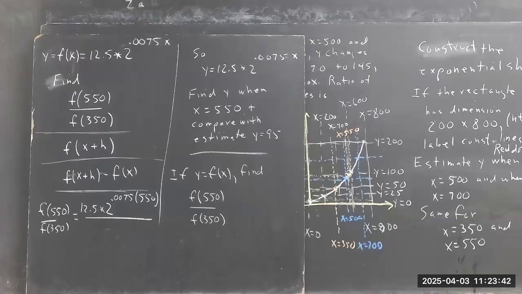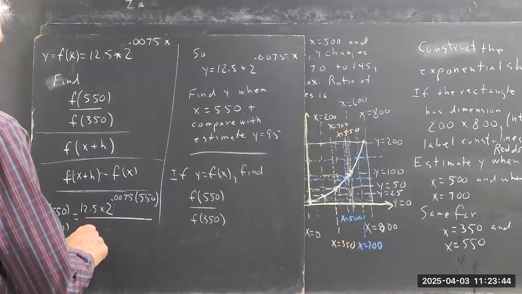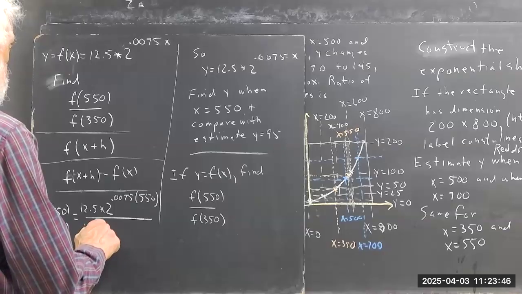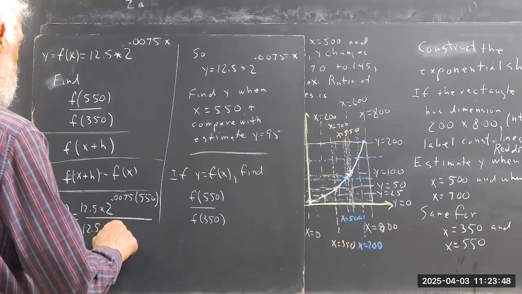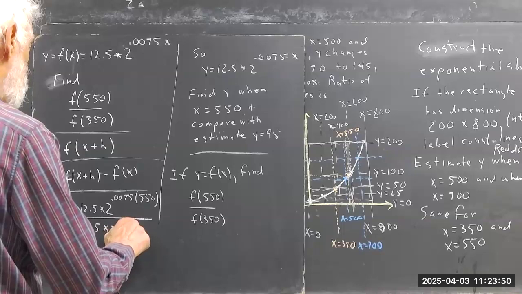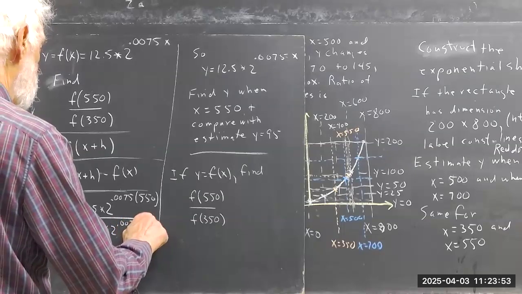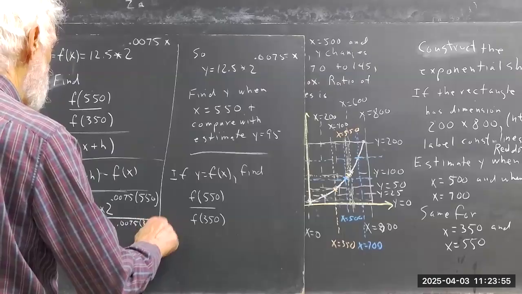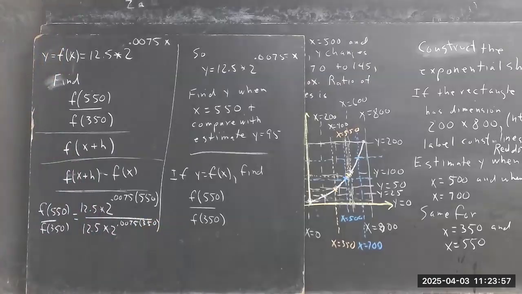And most people wrote that down. Some people didn't write it down and got it correct. Divided by 12.5 times 2 to the 0.0075 times 350, right? Make sense?